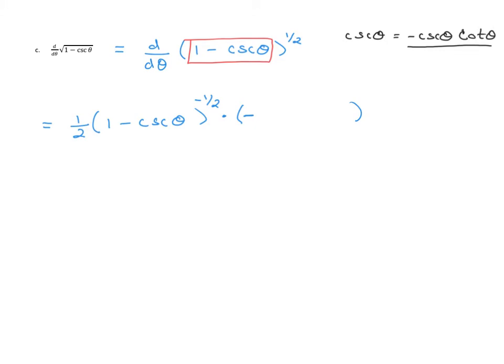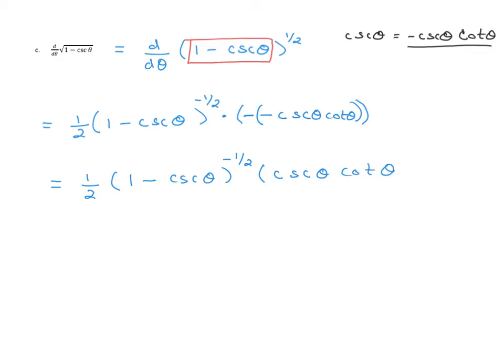It's negative times this negative cosecant of theta times cotangent of theta. So you can even put some extra parentheses in there to say we're multiplying these two negatives together. And what this means is the answer is 1/2 times (1 minus cosecant of theta) to the negative 1/2. And those two negatives are unnecessary, so I'll just put cosecant theta times cotangent of theta, and that's my answer.